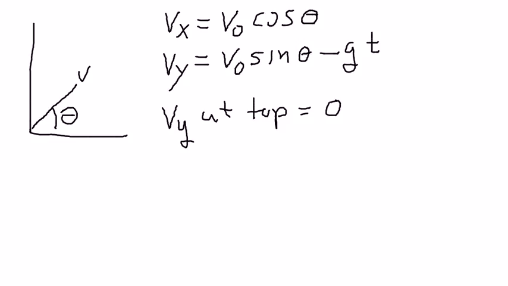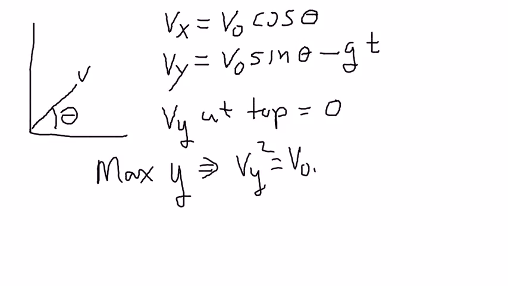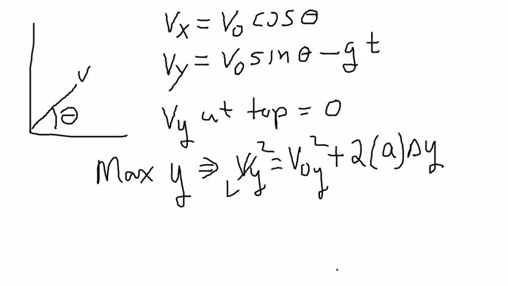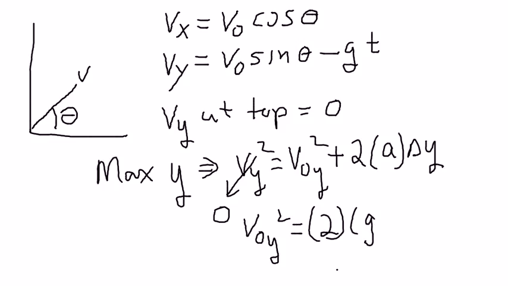One way is if we want to know the maximum height, maximum y, I can use the fact that vy squared is equal to v0y squared plus 2 a delta y, and then since the velocity at the top is 0, I can just use this equation and in essence get that v0y squared is equal to 2 times g times delta y, and that's going to get me to my maximum height.